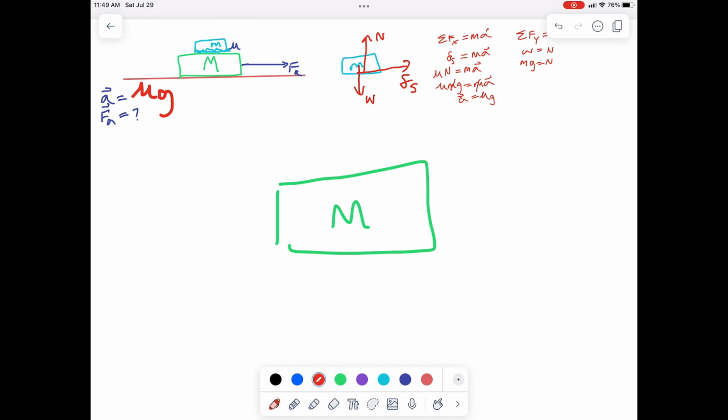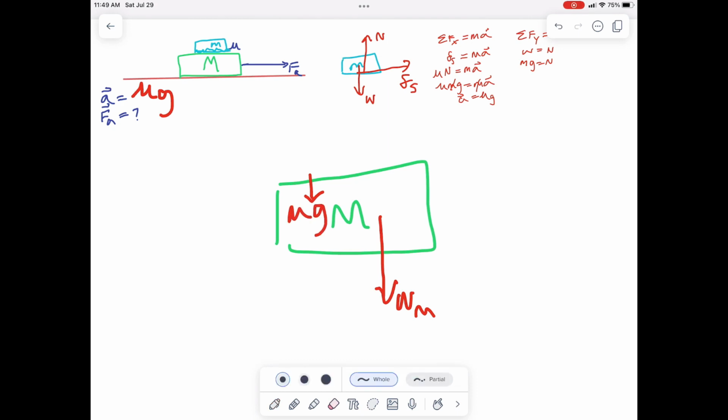Of course I have the weight of my block of mass capital M, but now I also have the weight of my little m, which is little m times g.